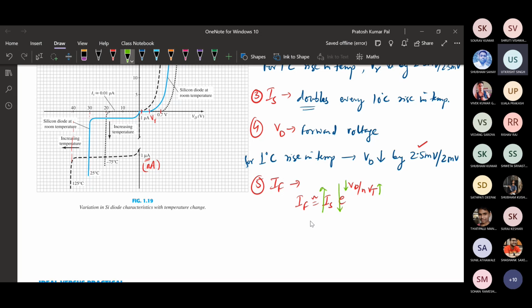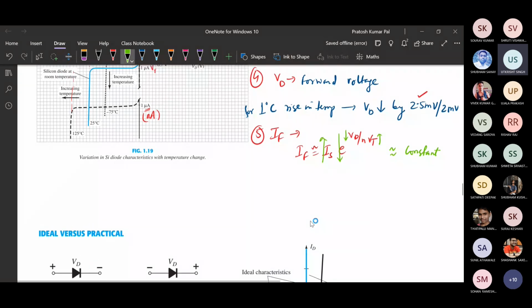So in case of forward current, depending on the temperature, it is considered as a constant. Okay, the basic idea why this forward current is constant is because this forward current is basically due to the majority carriers.